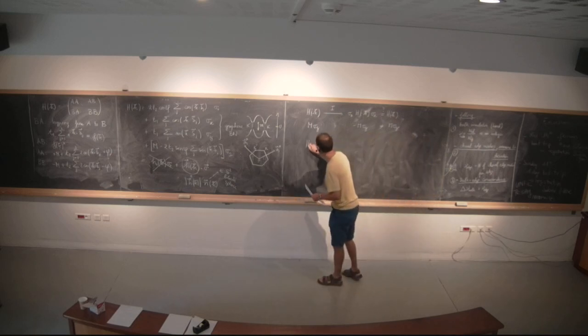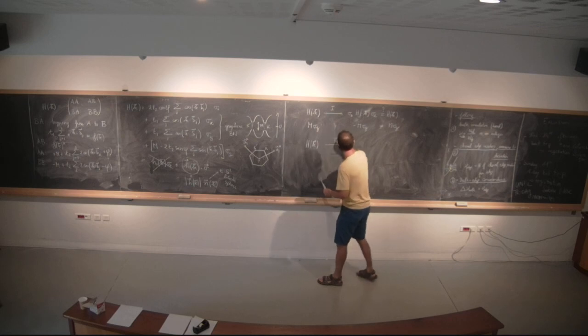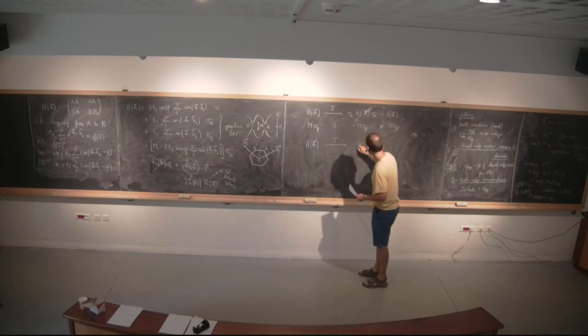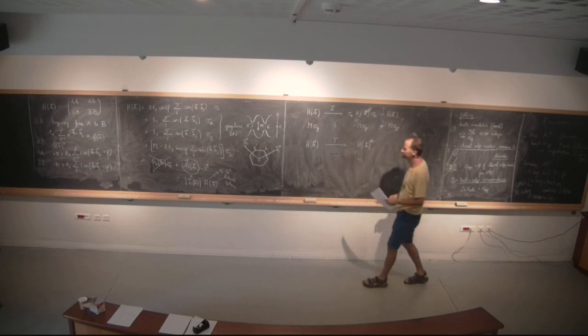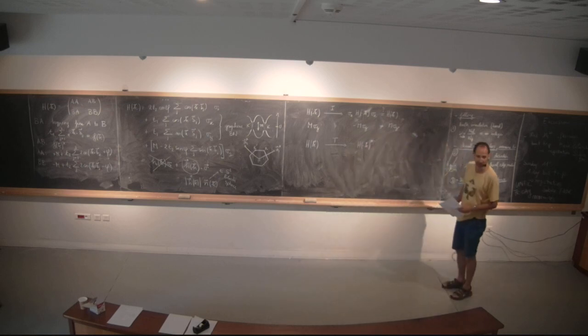Now, does this model have time reversal symmetry? For time reversal symmetry, I need to check what happens to the Hamiltonian after transformation by time reversal. Here it's very simple because I have spinless electrons, so I do not have to worry about spin.